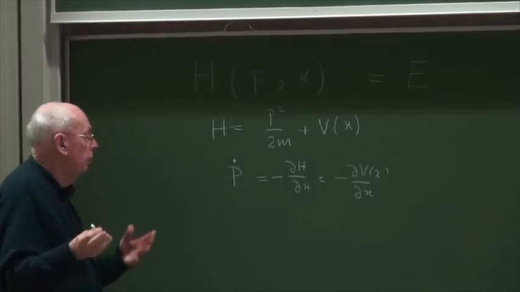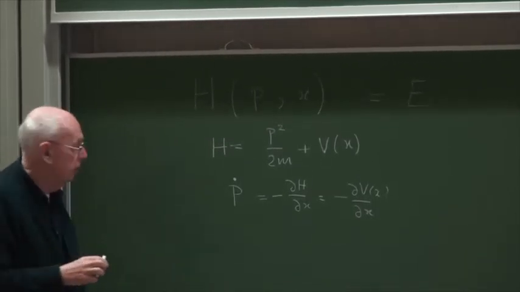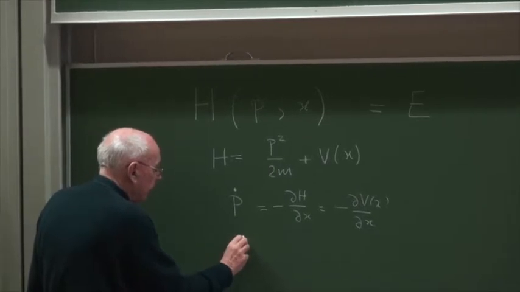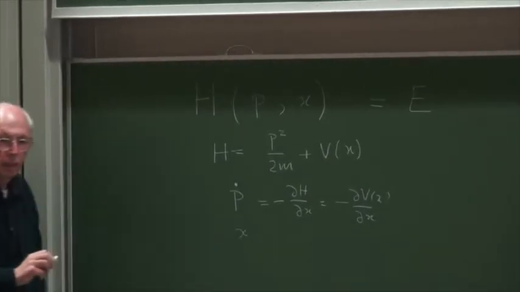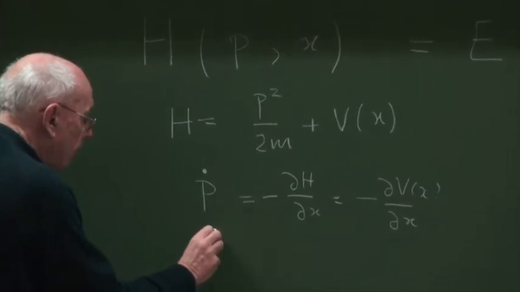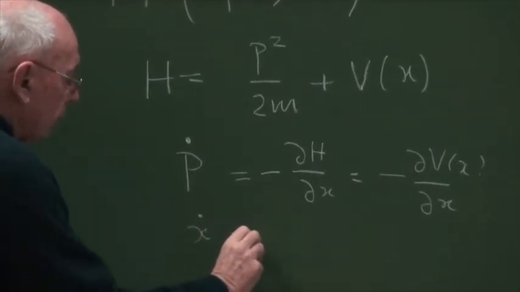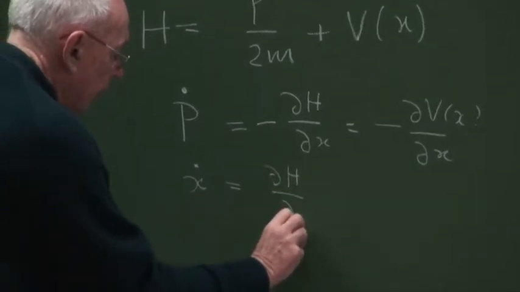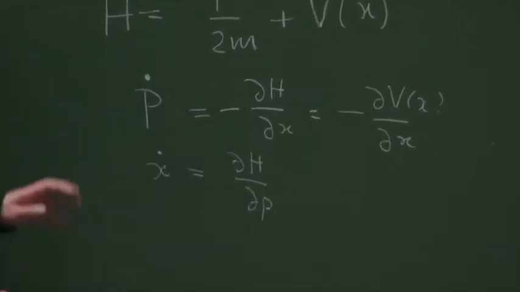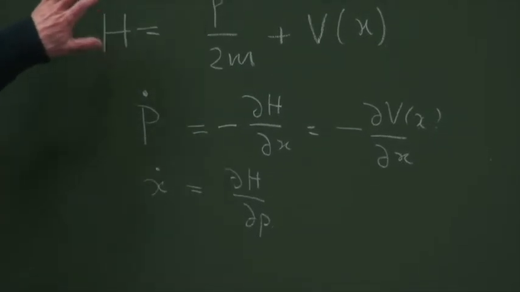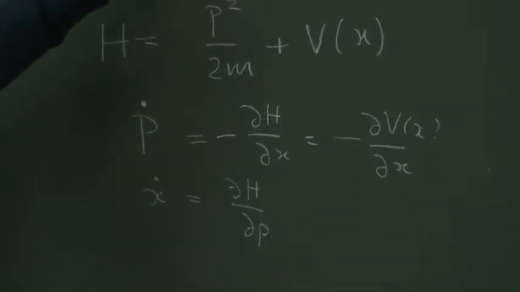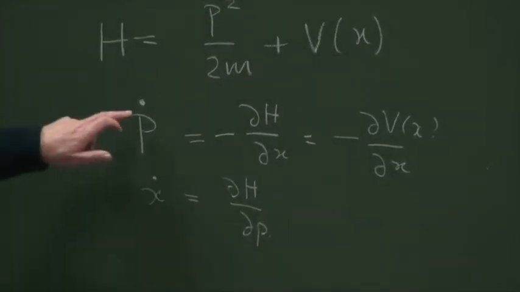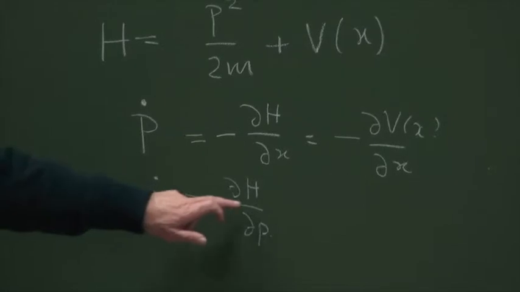And similarly, you have two equations in Hamilton theory, where you then say x dot is equal to dh dp. And so this is the way it works. You have an h which depends on p and x, and you can get x dot this way.